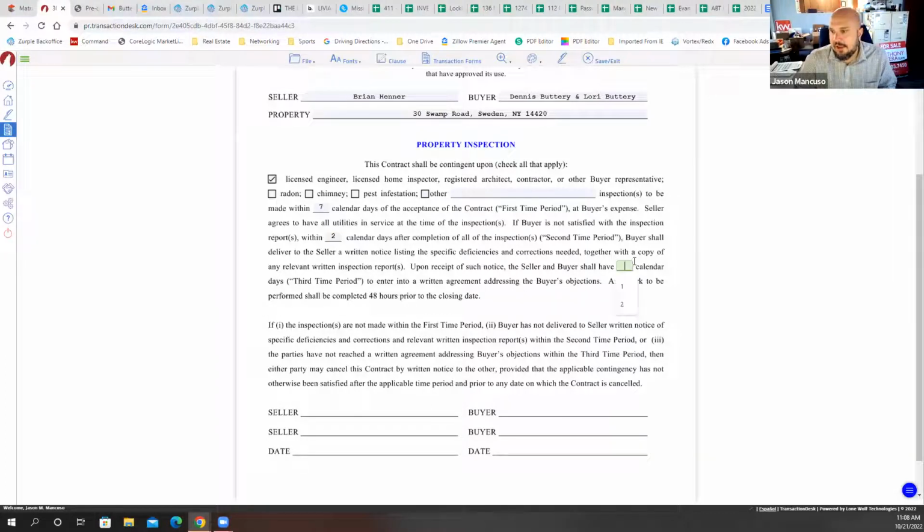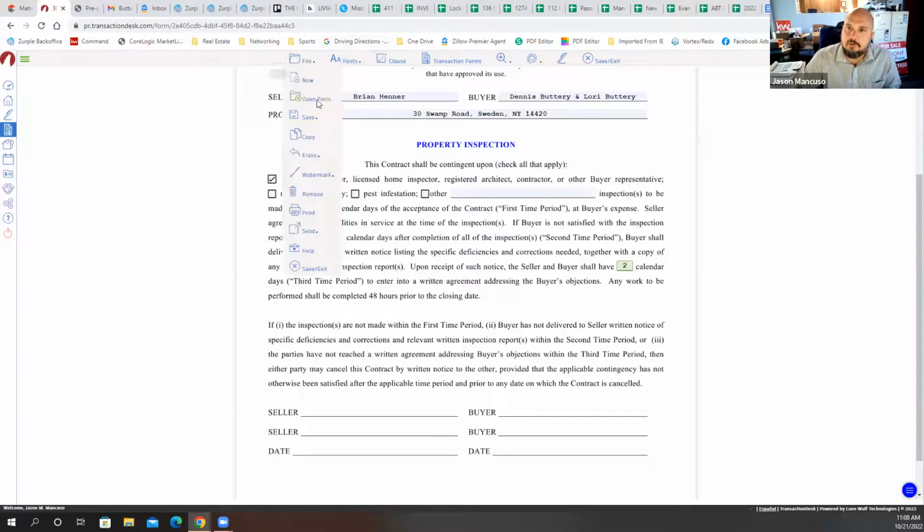And then they have the last spot, I'm just going to say another 2 days, to where if after 2 days of review, a buyer presents to the seller, hey, I'm not happy, I want this and this done, or I want this credit as a result of the inspection, buyer and seller have 2 days to renegotiate within that time frame to get things done. Ultimately, a cancellation has to be signed in order to truly kill a deal, but this just sets reasonable time frames involved to get things done by.